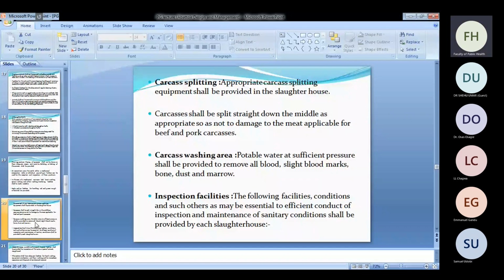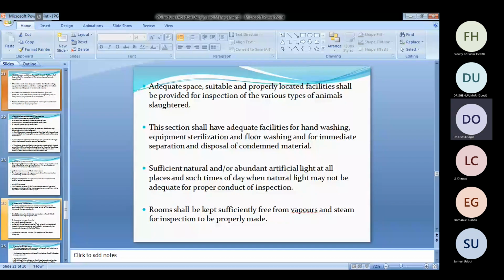Then the special facilities. The following facilities, conditions, and such orders as may be essential for efficient conduct of inspection and maintenance of sanitary conditions shall be provided by each slaughterhouse. One, adequate space to be provided for adequate meat inspection.